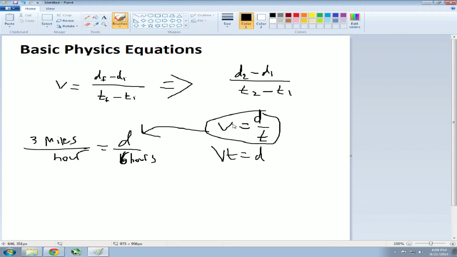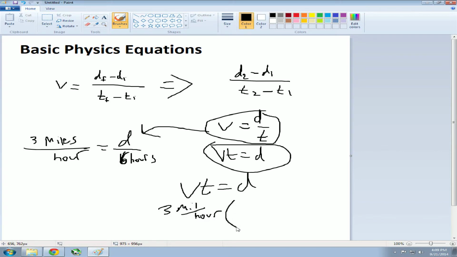Because v, the speed, is equal to the distance over time, right? So let me solve for d, and I use this equation right here. Vt equals d. And this means that the speed, 3 miles per hour, times the time, which is 6 hours, equals d.